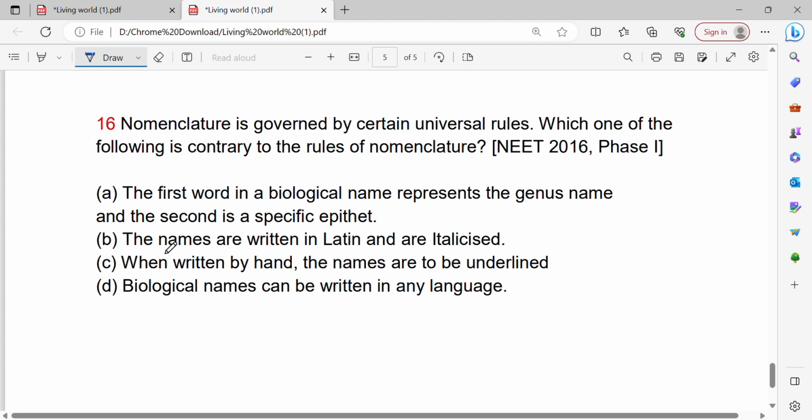Option B, the names are written in Latin and italics. Option C, when written by hand, the names are to be underlined. Option D, biological names can be written in any language. And the correct option is option D.